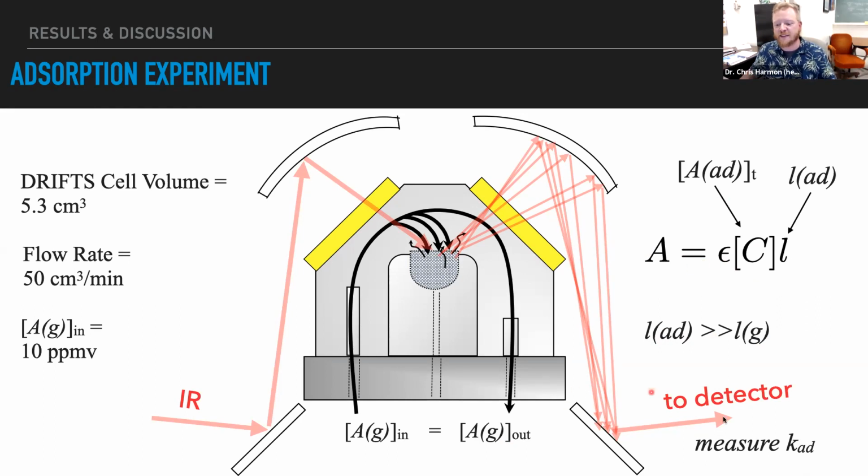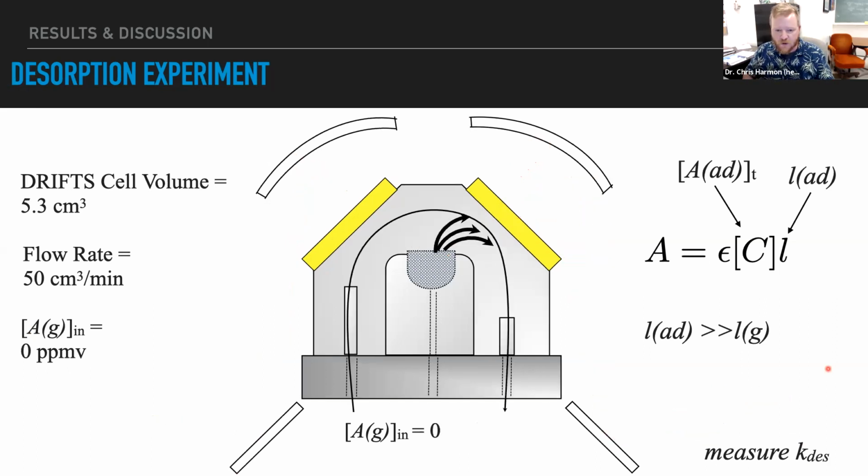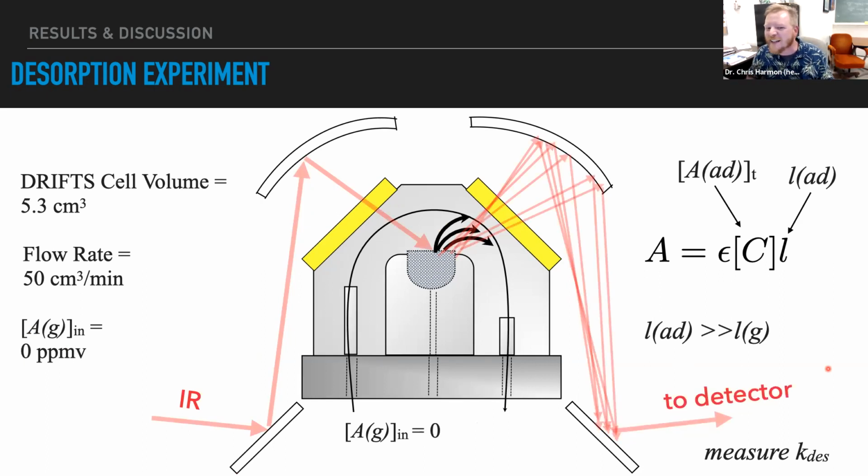And so in this technique, when we flow acetone, we're measuring K-ad, all right? And when we do desorption experiments, we turn the acetone gas flow off. Once again, we're not going to see anything in the gas phase, but what we are going to see are molecules leaving the adsorbed phase, okay?